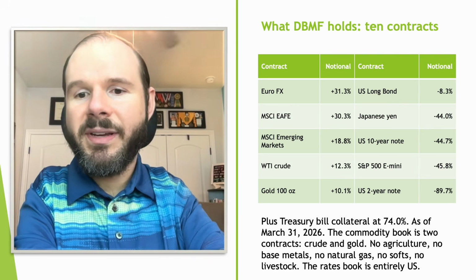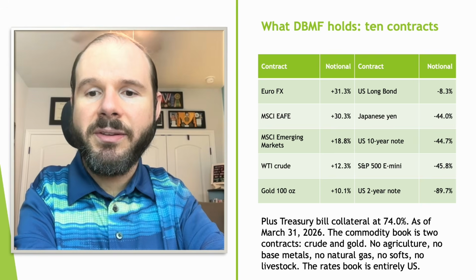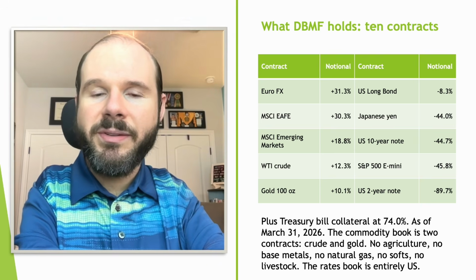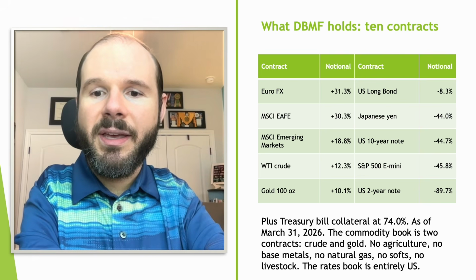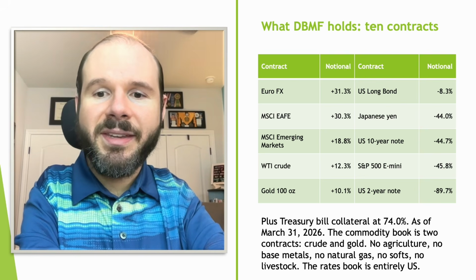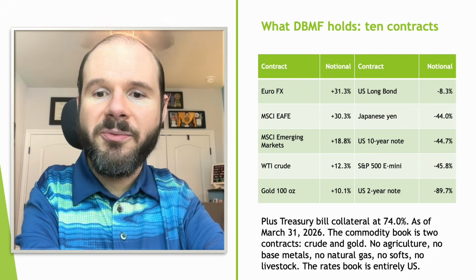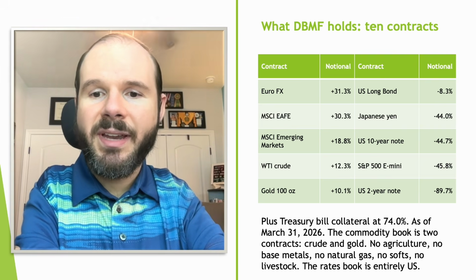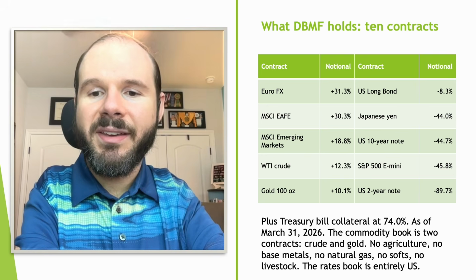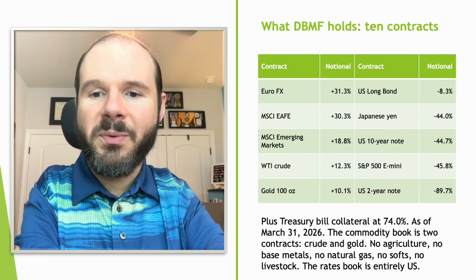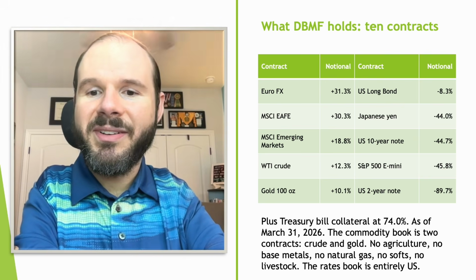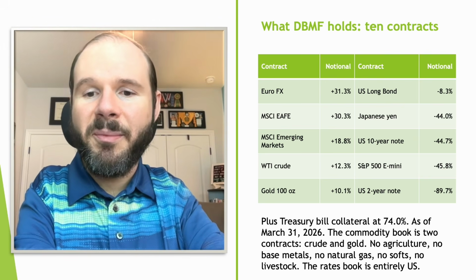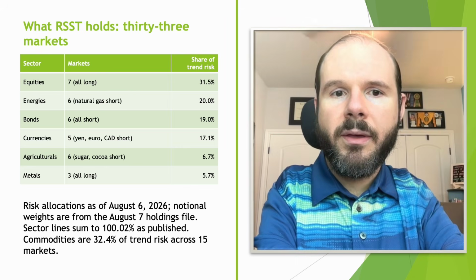But that's very contingent and contextual. And it means that DBMF's insane outperformance over the past few years is not something that can be expected in every environment. It's kind of just an accident that the top 10 liquid contracts it went with happen to be ones that are really knocking it out of the ballpark right now.